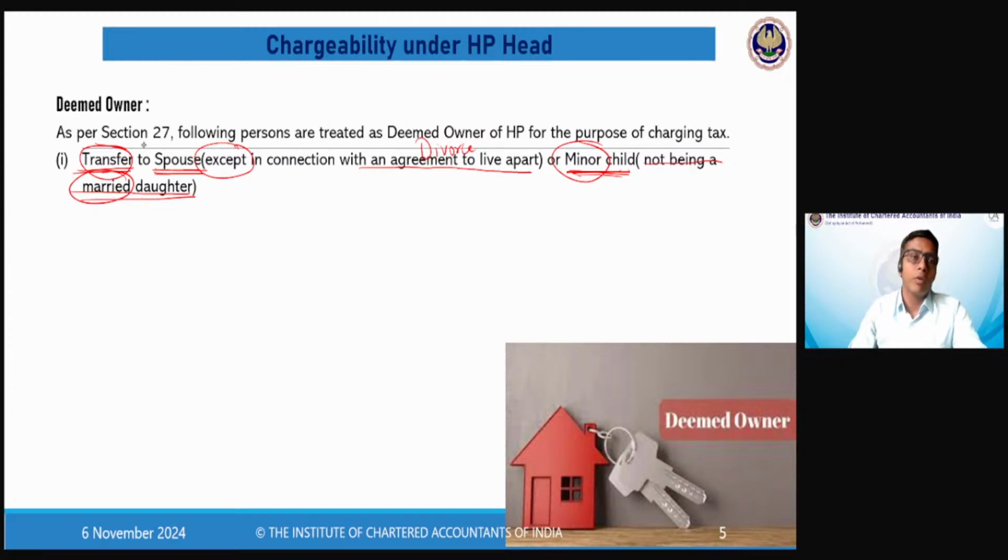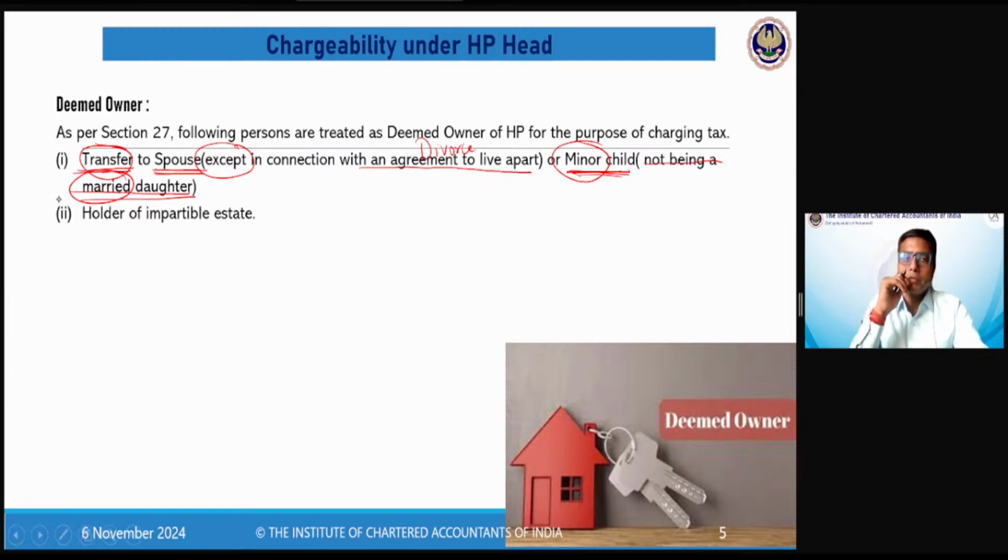Hence, they say, even though today the property is appearing in the name of your wife or your minor child, since you have gifted them the property, even though they are appearing as the registered owner, the law says you will be considered as the owner, only for the purpose of income tax law. I will be presumed to be the owner. Whatever house property income will come, it will be taxed to me.